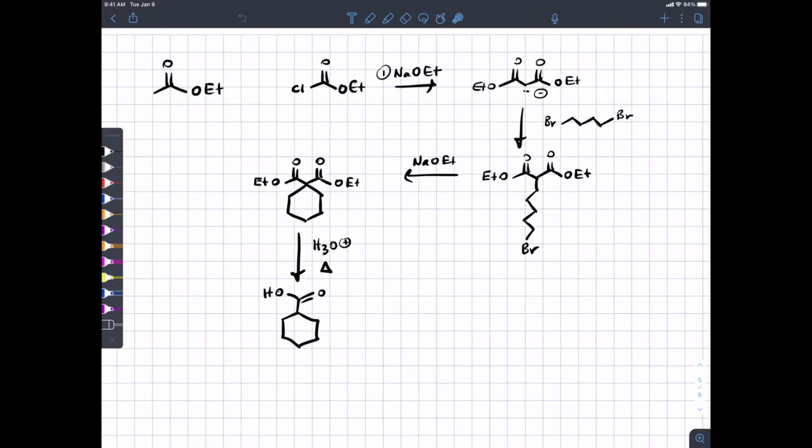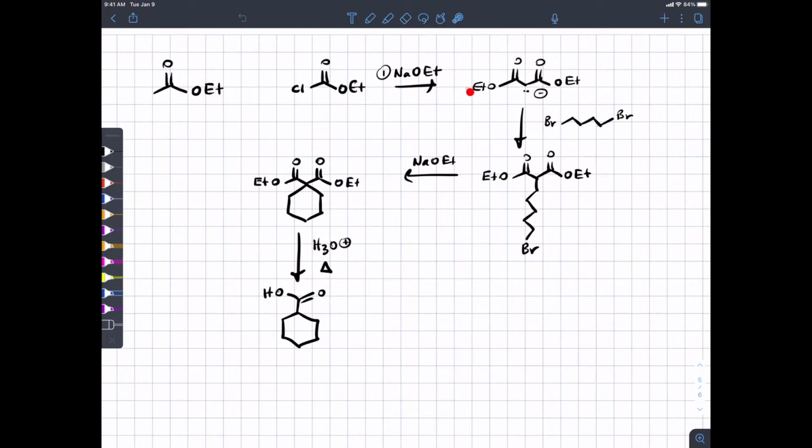We were actually talking about the Claisen reaction and how you can use the Claisen reaction to make an enolate here that attacks the carbonyl, electrons kick down, and chloride leaves, and that makes this beta diester, which you can deprotonate and use as a nucleophile.